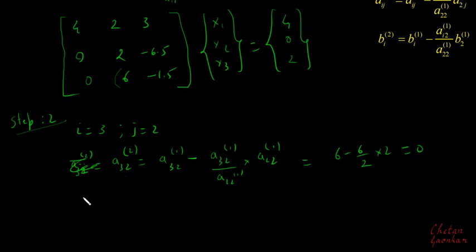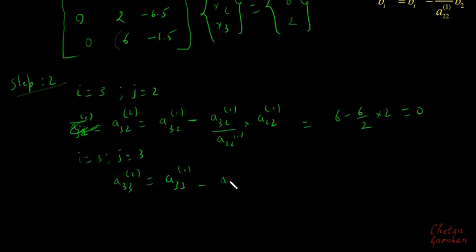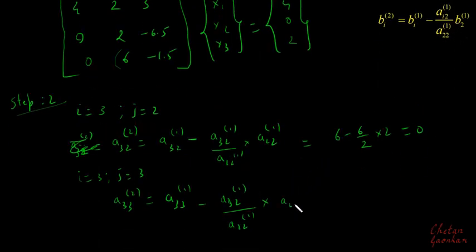Now for this element, i will be 3, whereas j will be equal to also 3. So a33 of 2, that is the new a33, will be the old a33, minus a32 of 1 divided by a22 of 1 multiplied by a23 of 1.